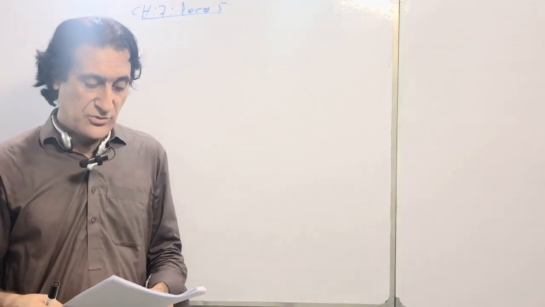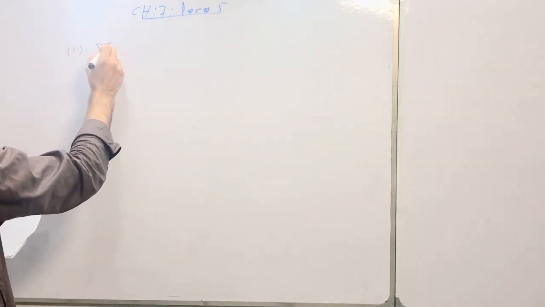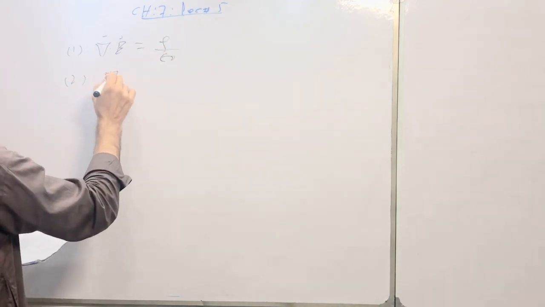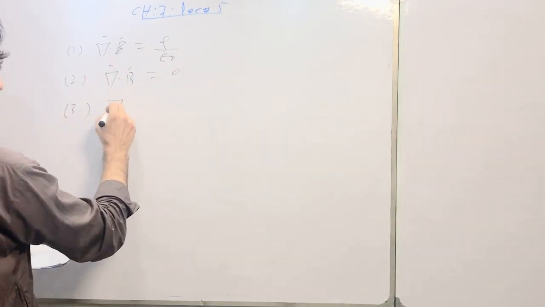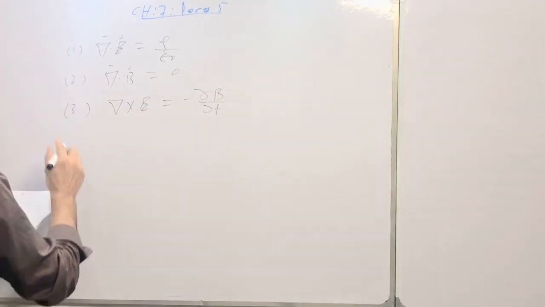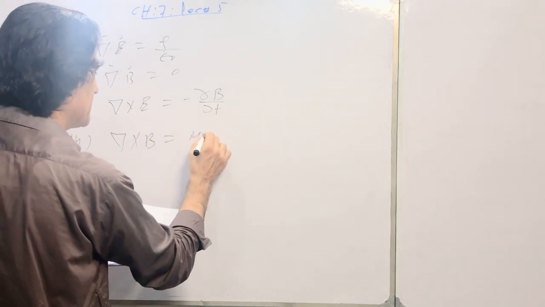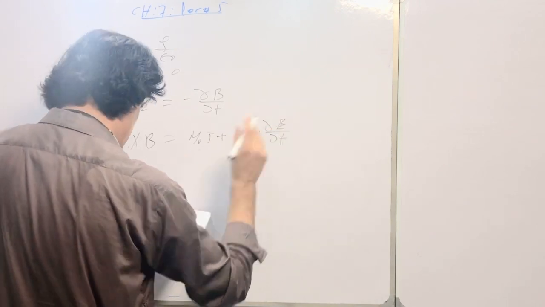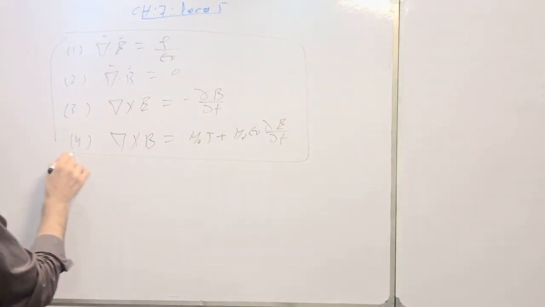Finally, Maxwell wrote the equations in compact form: divergence of E is equal to rho divided by epsilon naught, divergence of B is equal to 0, curl of E is equal to minus partial B divided by partial T, and curl of B is equal to mu naught J plus mu naught epsilon naught partial E divided by partial T. So these are the compact form.